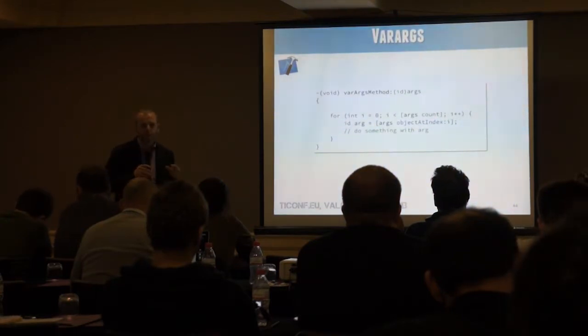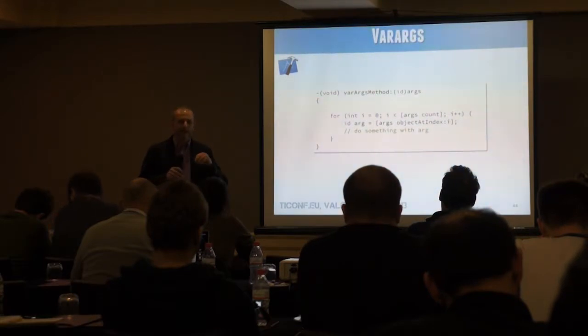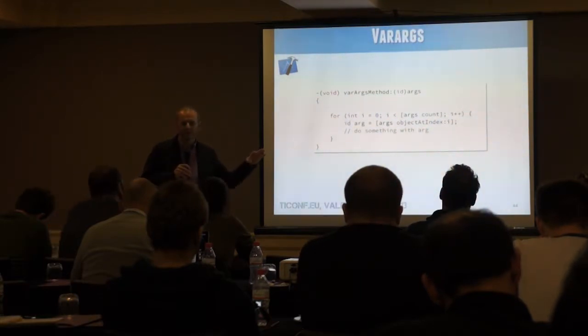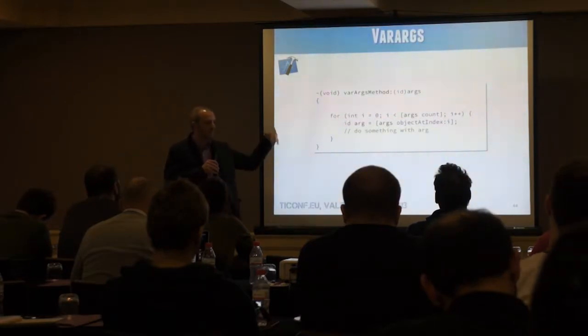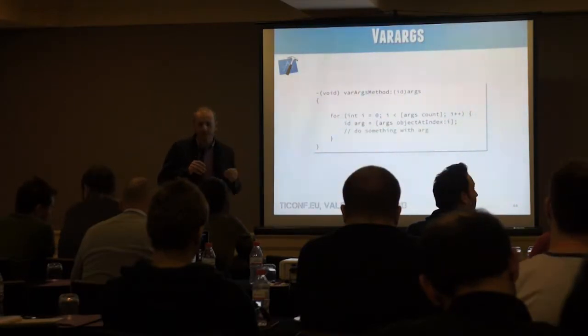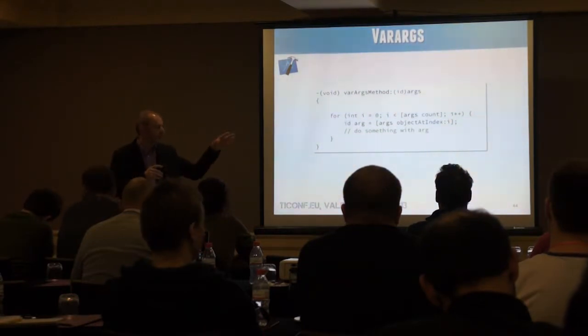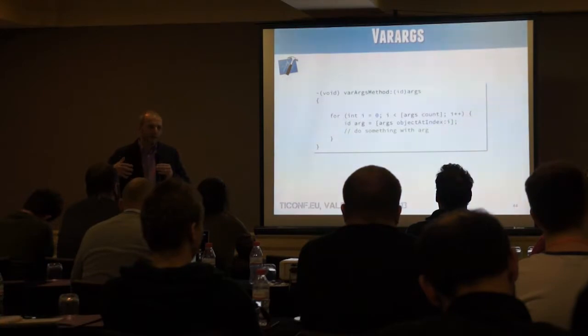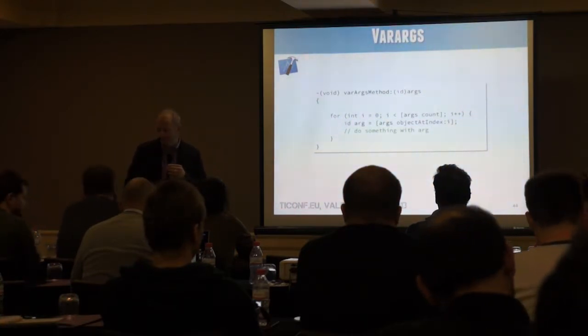We can also support variadic arguments, that is, basically have an undefined number of arguments, by iterating over the arguments array and doing something based on the index of the element we are iterating on.